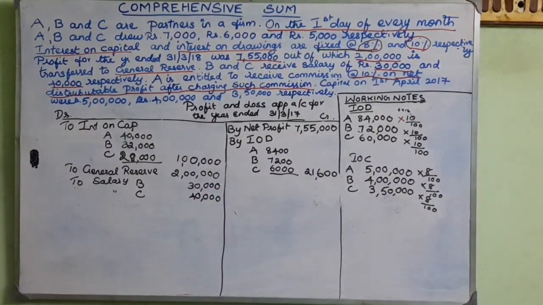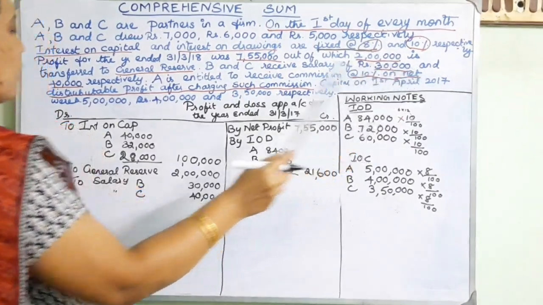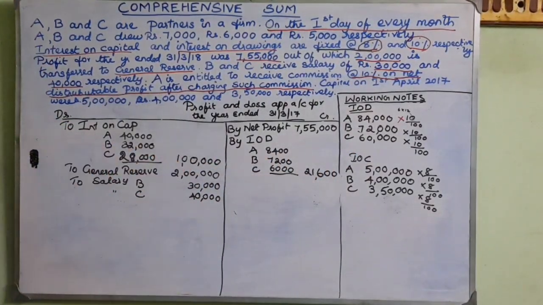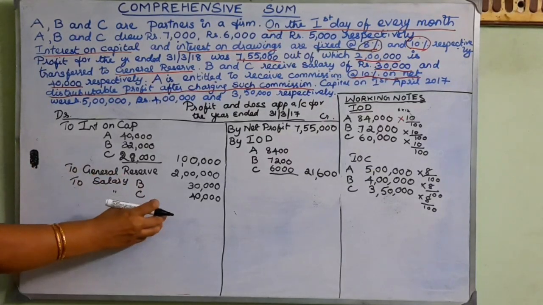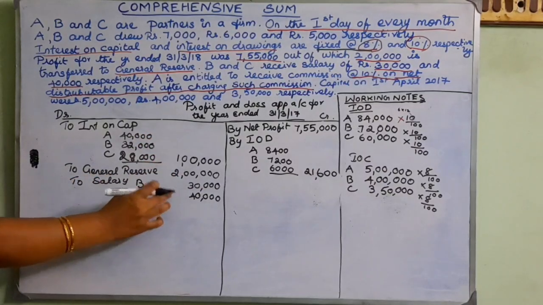Okay. Now, A is entitled to receive a commission of 10%. This wording is very, very important: 10% on net distributable profit after charging such commission. What is a net distributable profit? It is the net amount which you are going to get after subtracting all these things.